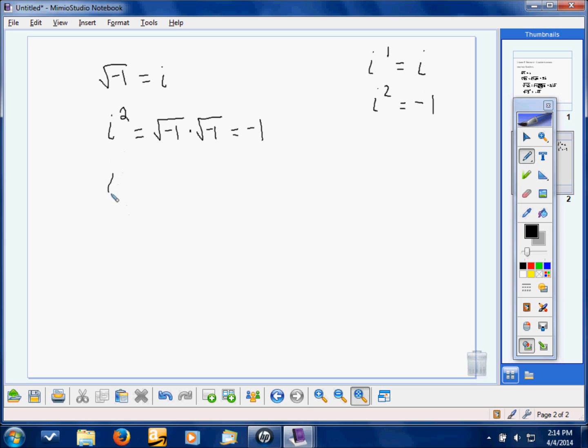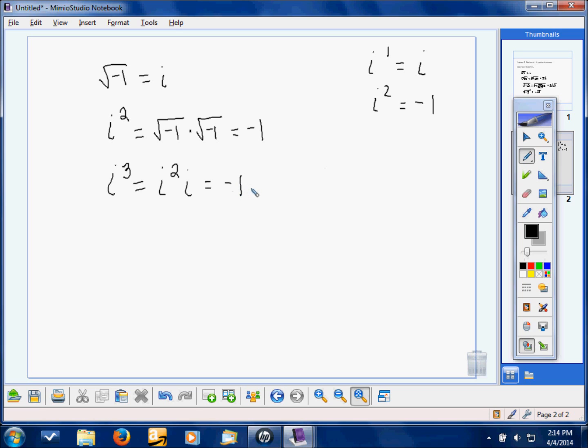I cubed is really I squared times I, right? That makes sense? I squared times I, so there's 1, 2, 3 i's, breaks down into 2 of them and another 1. So how much is I squared? Negative 1.